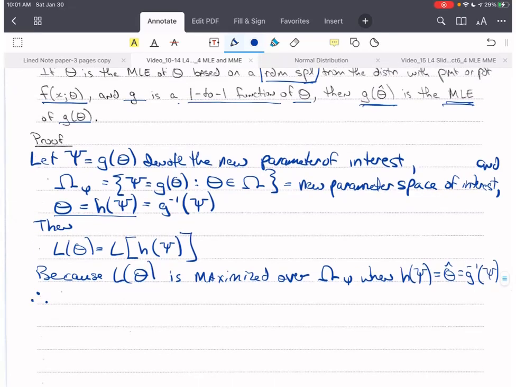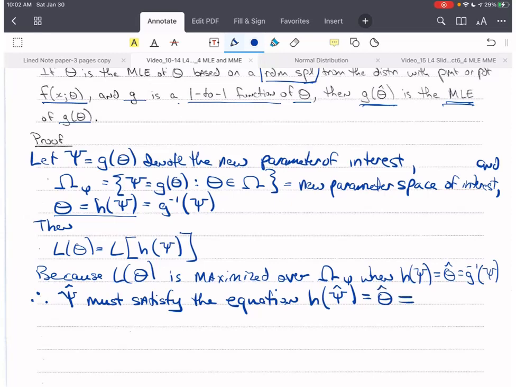Therefore, phi hat must satisfy the equation h of phi hat equals theta hat if and only if phi hat equals h inverse of theta hat, which is equal to g of theta hat. Okay? And that proves it.